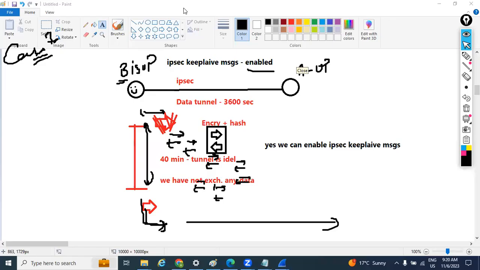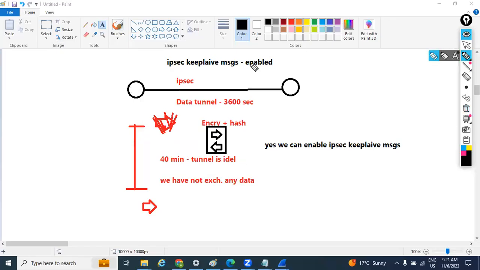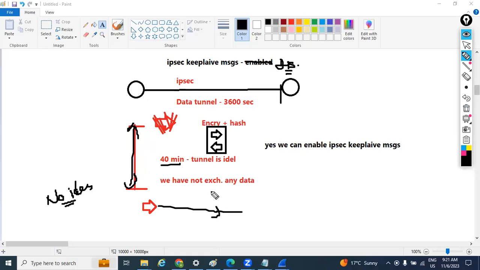Scenario number two: what if it's disabled? Disabled means it's not enabled here. Now for 40 minutes the tunnel is idle. Right now, I have no idea whether the side B tunnel is up or not on the other side, but I'm sending the data. Let's consider a file of 1 TB.